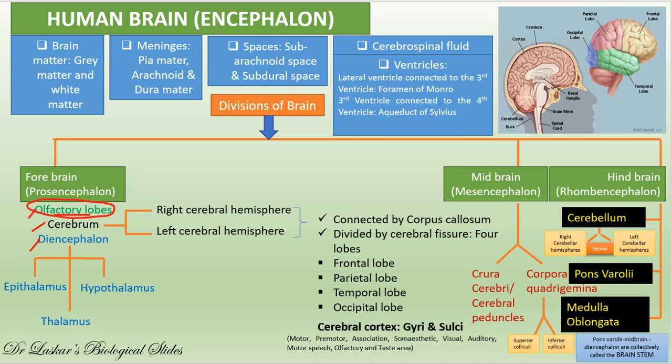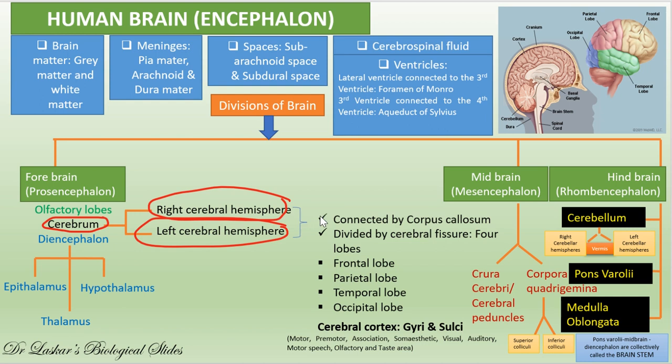Next, cerebrum. The second part of the forebrain is called the cerebrum. The cerebrum is the largest and the most prominent part of the human brain, and it constitutes about 4/5 of the total weight of the brain. It is divided into the right cerebral hemisphere and the left cerebral hemisphere.